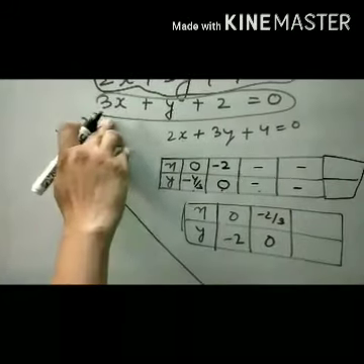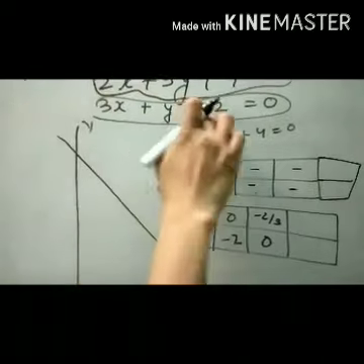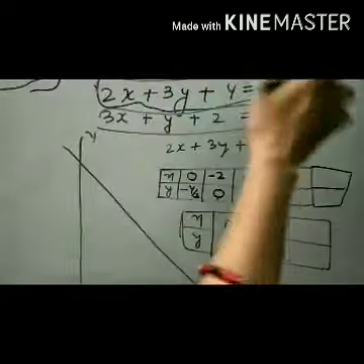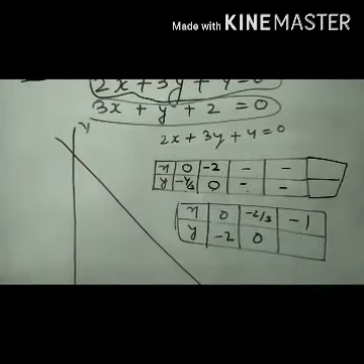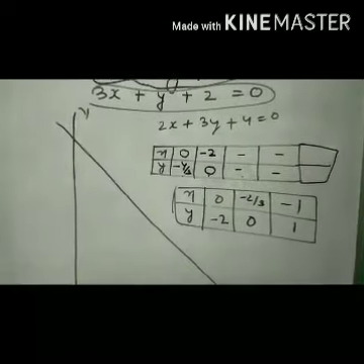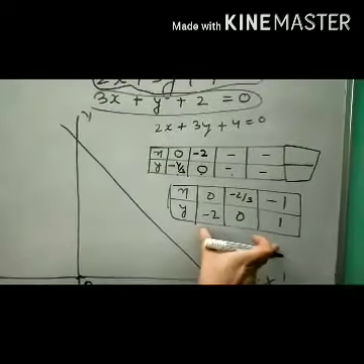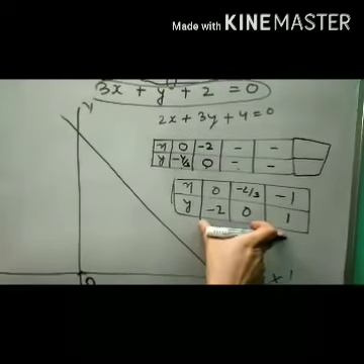We can put minus 1 here. So minus 3 plus 2 is minus 1, and at the right side plus 1. So if we put the value of x as minus 1, the value of y we get is 1. Now again we will plot the graph of the linear equation.